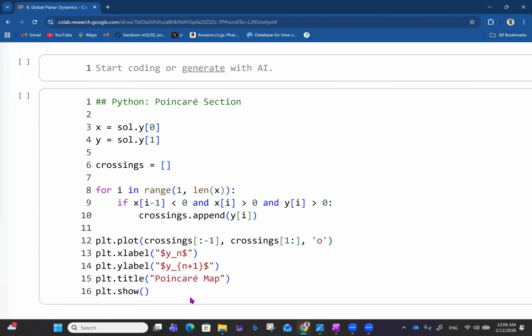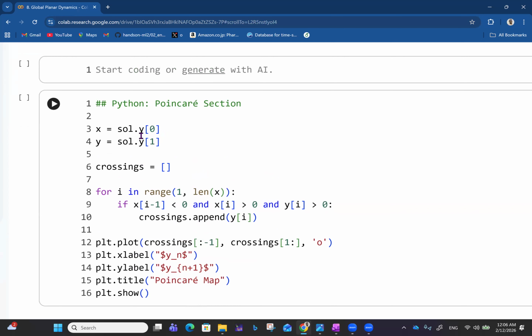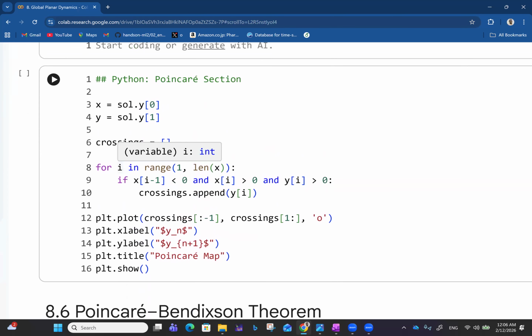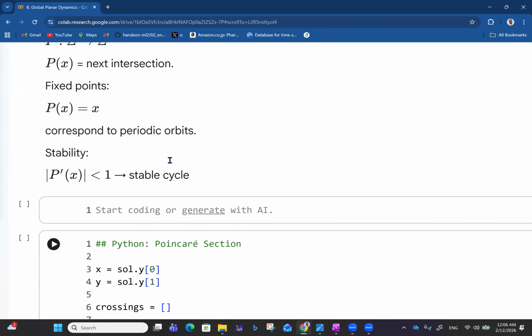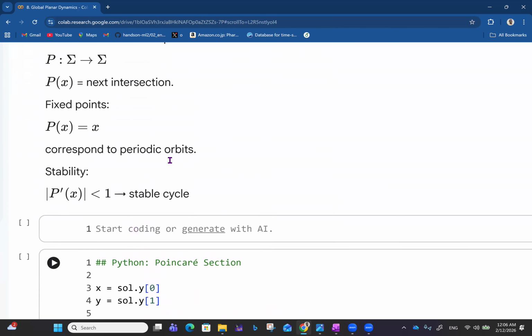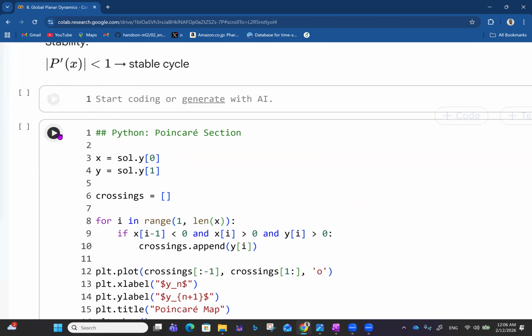Imagine here now, x is solution dot y of 0, y is solution dot y of 1, and then we have the crossings. For i in range 1 to length of x, we have the crossing append and all of these things. Then we can have the Poincaré map, with the fixed points where P of x equals x.